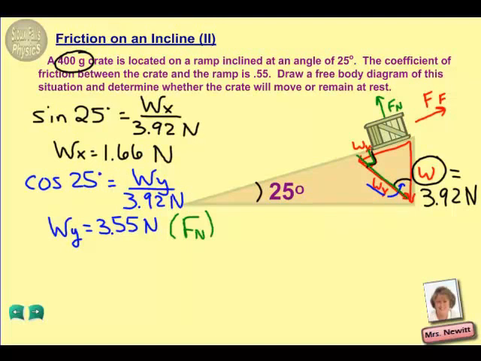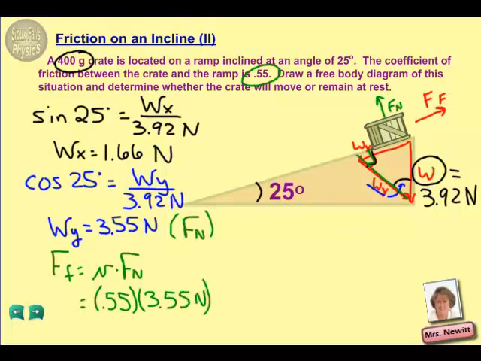The coefficient of friction is given to us at 0.55, so we can use our friction equation, coefficient times normal force, and we have 0.55 times the normal force, which is 3.55 newtons, and we end up with a force of friction of 1.95 newtons.